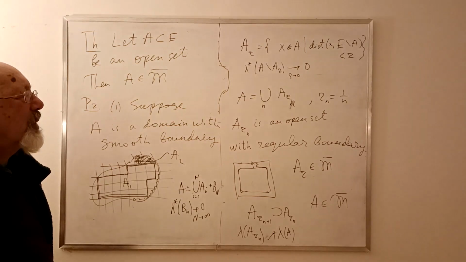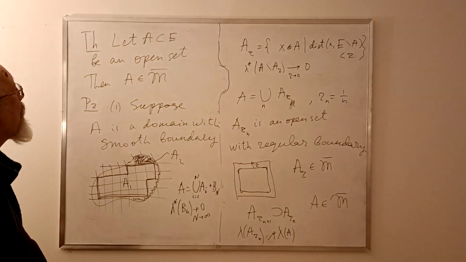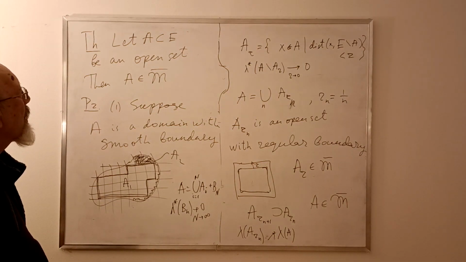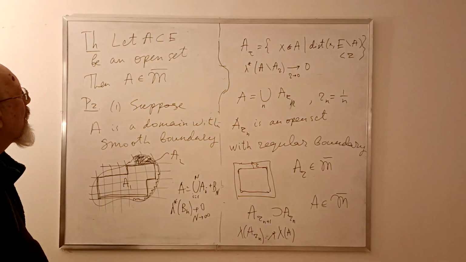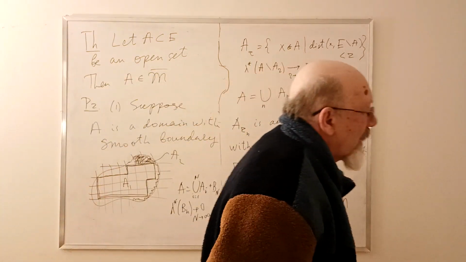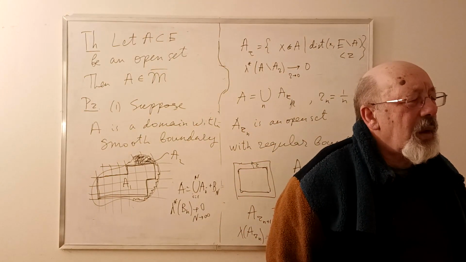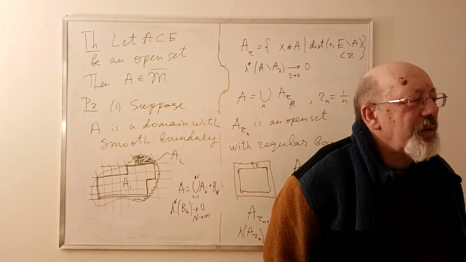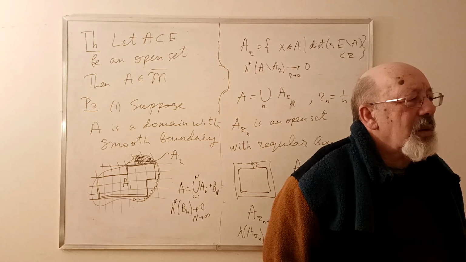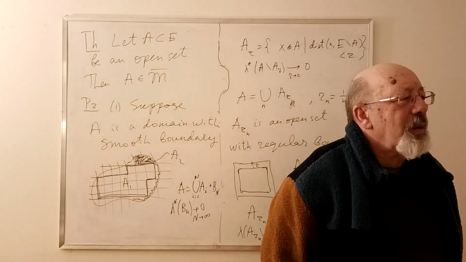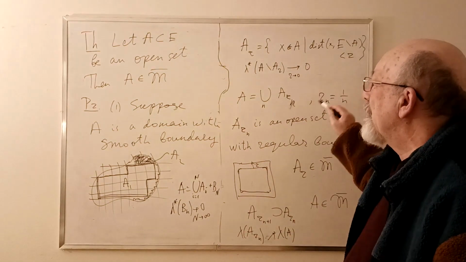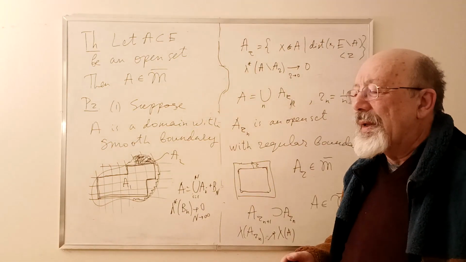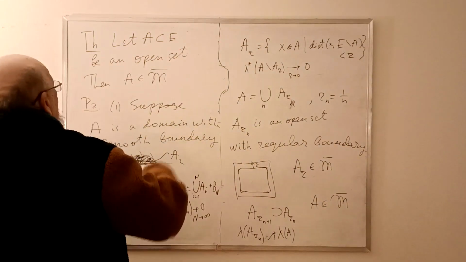One moment. The sigma algebra spanned by the elementary sets is the sigma algebra of measurable sets. M bar are the simplest measurable sets.